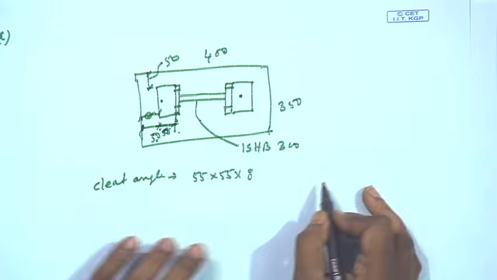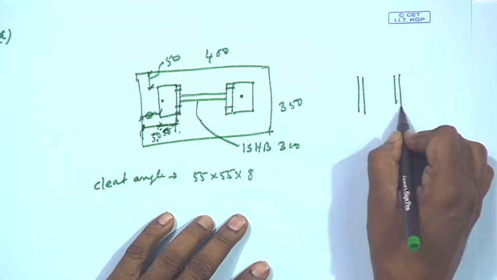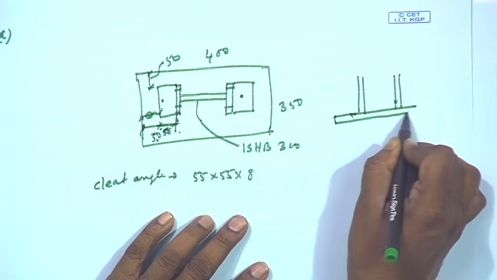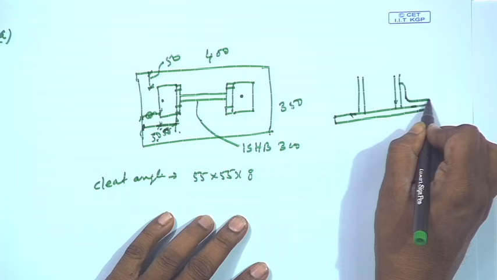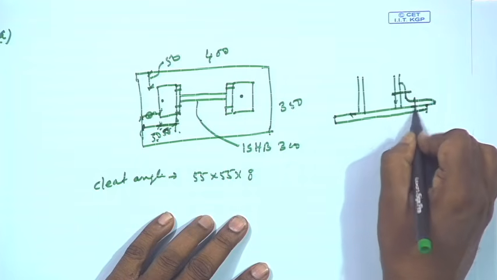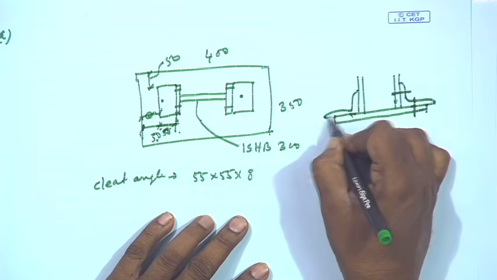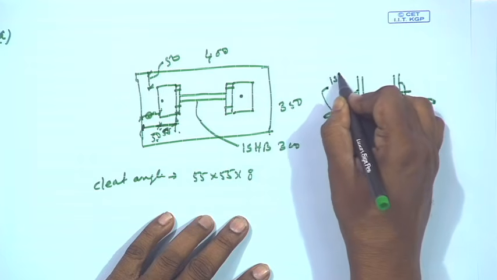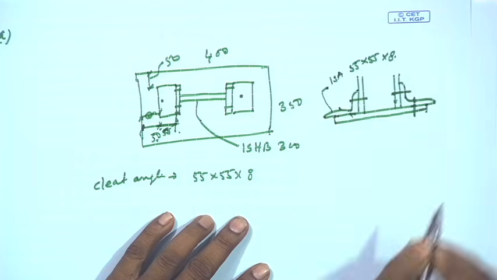Okay. So, cleat angle I can see here. If I provide 55, it will be a little hanging position. So, this is like this, say ISA 55 by 55 by 8.